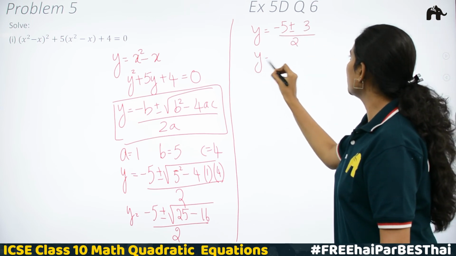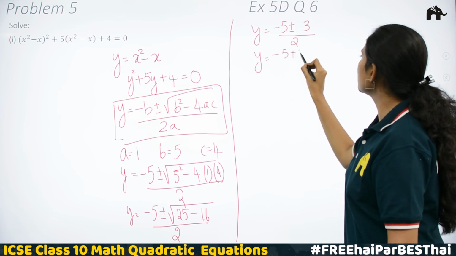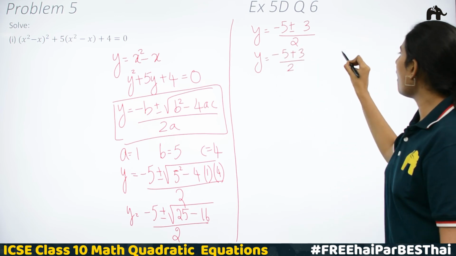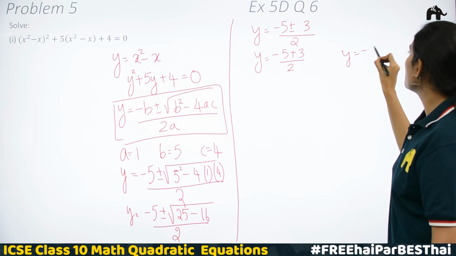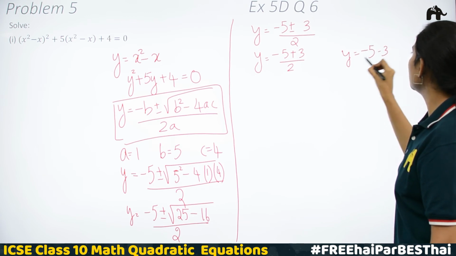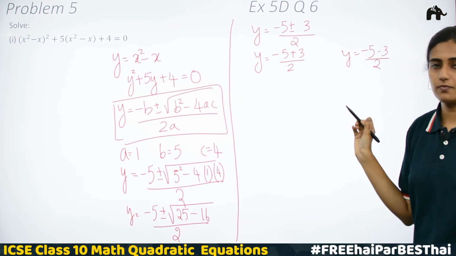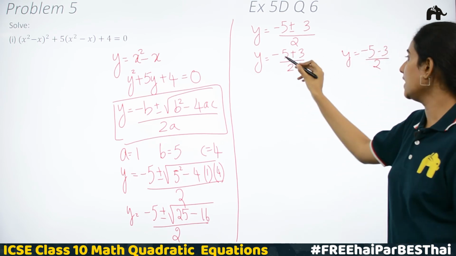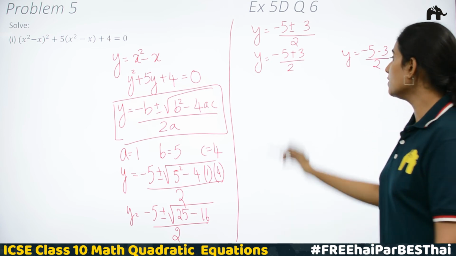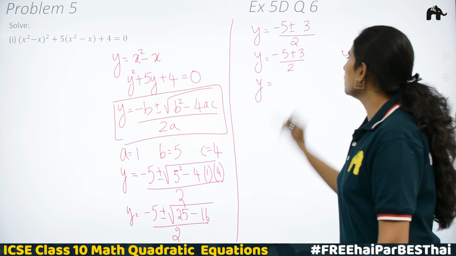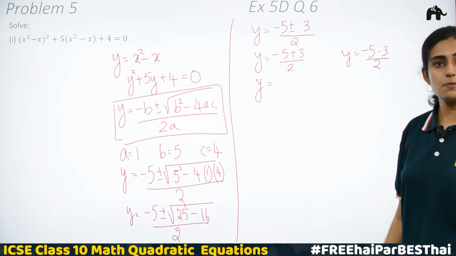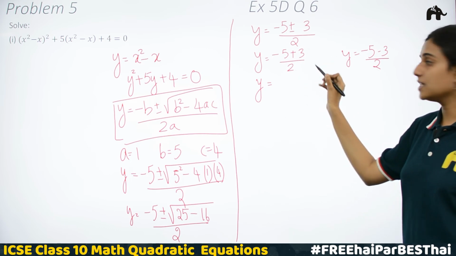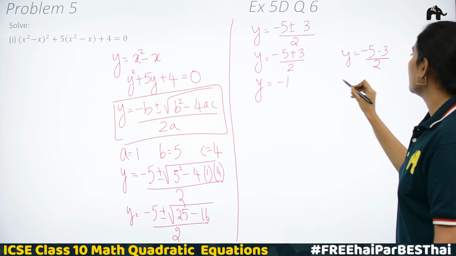Y is equal to minus 5 plus 3 divided by 2, or y is equal to minus 5 minus 3 divided by 2. When y is equal to minus 5 plus 3 by 2, what is minus 5 plus 3 by 2? You will be getting minus 5 plus 3 is minus 2. Minus 2 by 2 is minus 1.